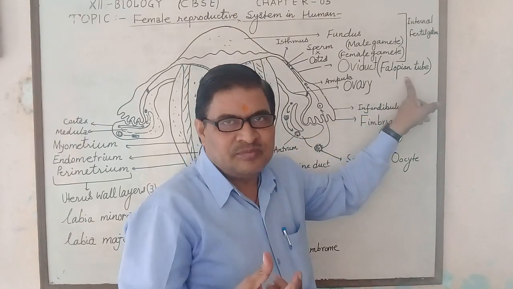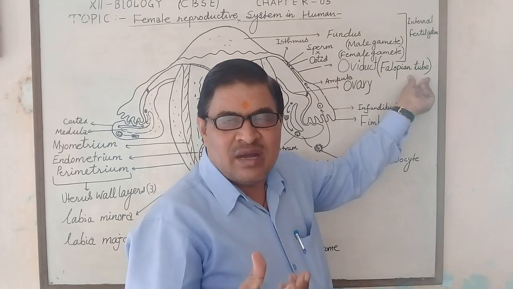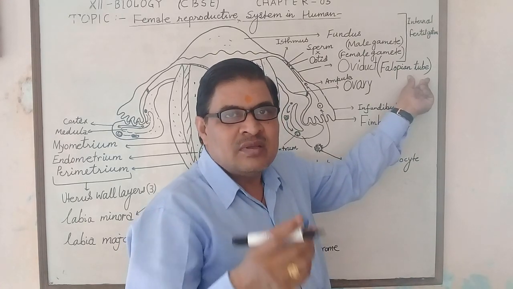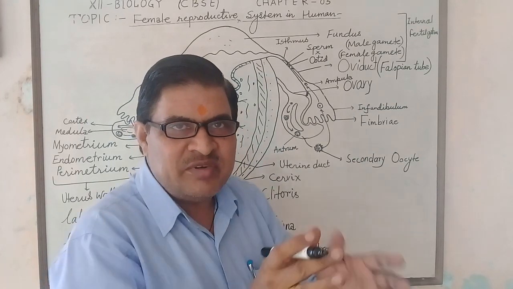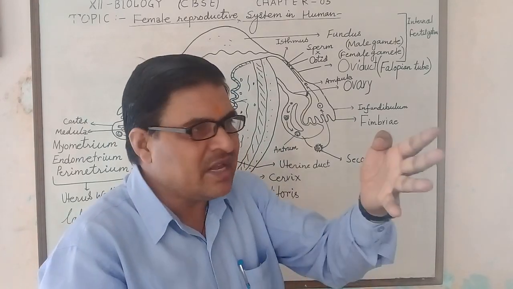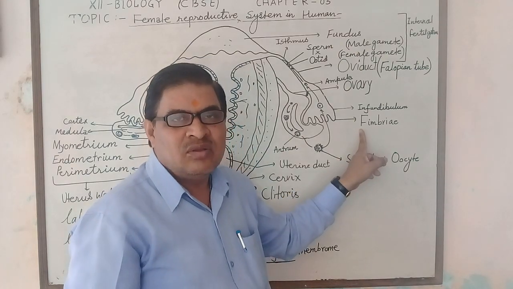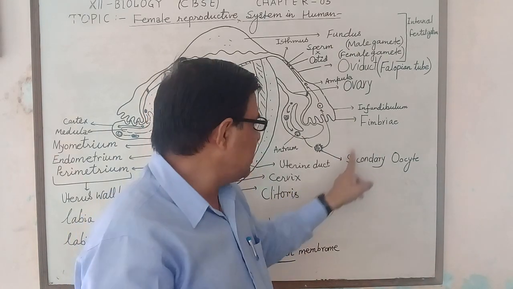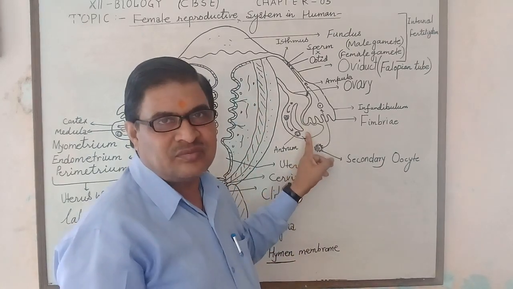Why is the term tube used? Due to the structure being similar to a tube, whose terminal part has finger-like projections, the fimbriae, which receive the secondary oocyte released from the ovary.